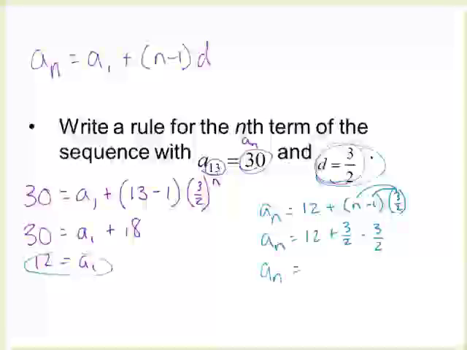And 12 minus 3/2 is 10.5 plus 3/2 n, or 1.5n. Use the given term as our a sub n value and use its subscript as the n to find our first term. And then we continue like the first type of problem. Questions?